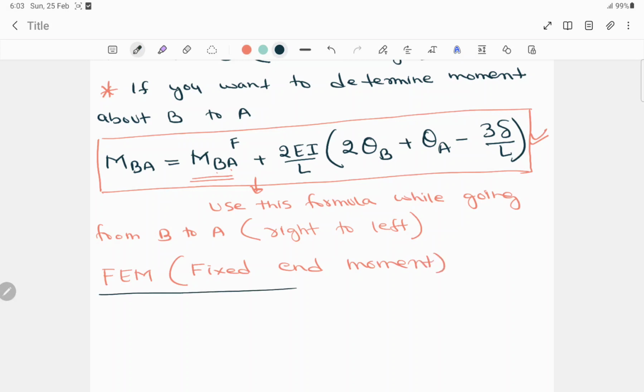While calculating FEM, we have to consider some points. Suppose one end is fixed and the other ends are hinge supports. But in case of the fixed end moment, we always have to consider that all the points are fixed, only in case of fixed end moment.